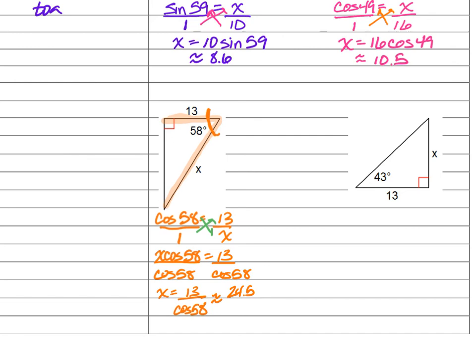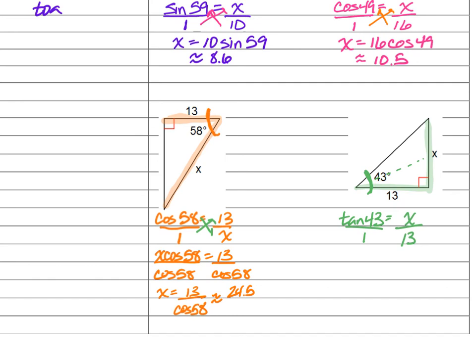Okay. Lovely. One more problem. Okay, so we've got angle 43. Beautiful. Okay, so I've got this angle and this side and this side. So look, I do not have the hypotenuse. If I don't have the hypotenuse, I only have one choice, which is tangent. So that gives me tangent of 43 equals the side opposite, which is x, over my side adjacent, which is 13.